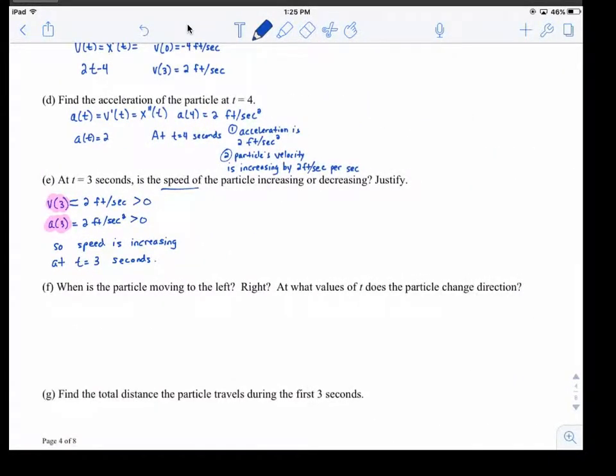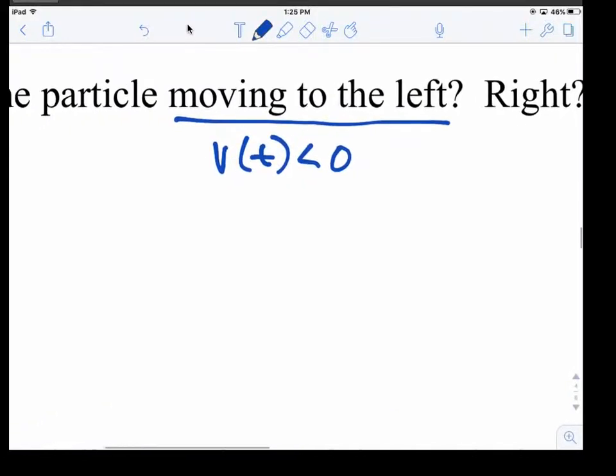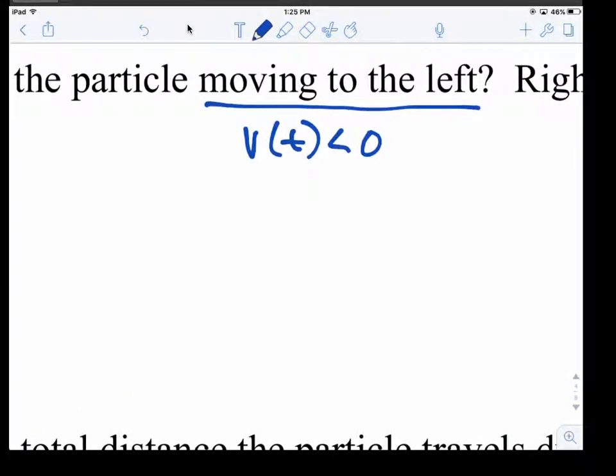Okay, so the next part says when is it moving left and when is it moving right. If it's asking you when is it moving to the left, you have to see when your velocity is less than 0. So we figured out the velocity was 2t minus 4. So I want to see where that is less than 0.